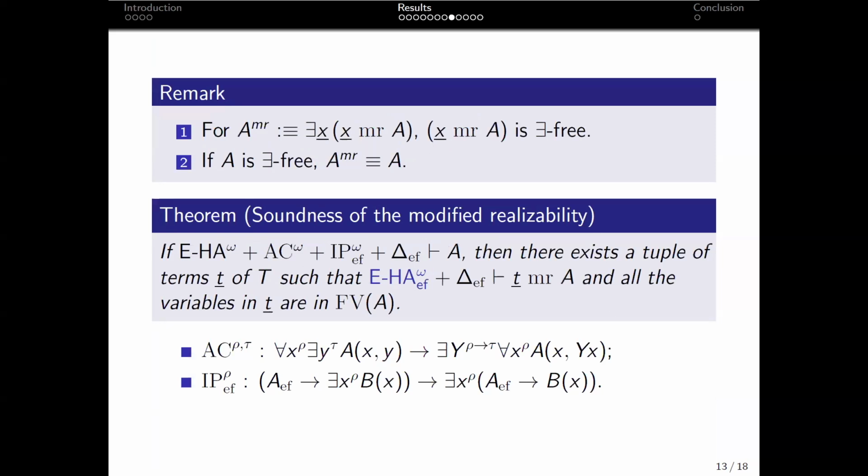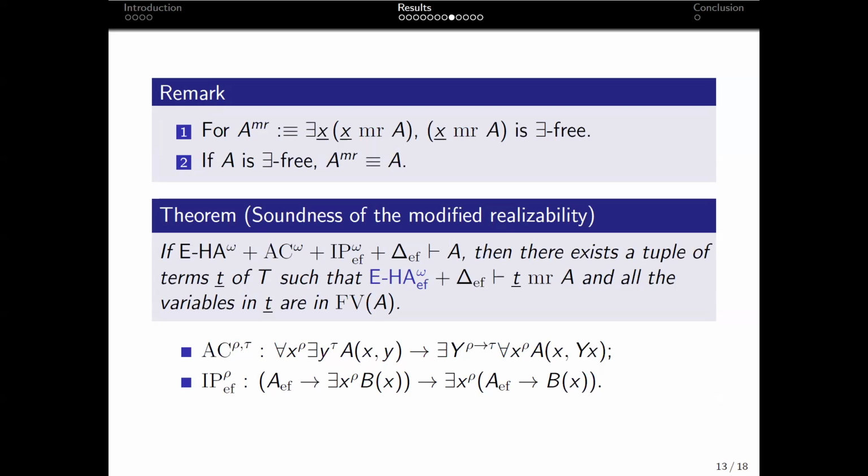So actually, for any formula A, if the modified realizability interpretation of A is this one, then this part, x realizes A, is existential-free. And if A is already existential-free, then its modified realizability interpretation is A itself. And actually, this is the standard soundness of modified realizability.